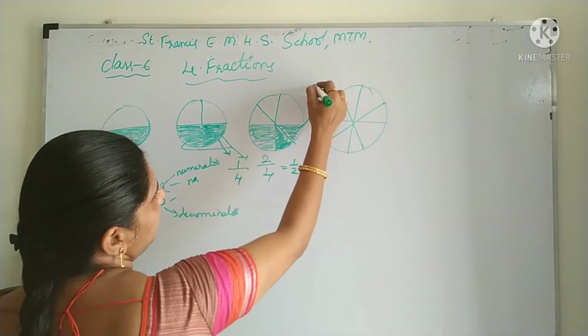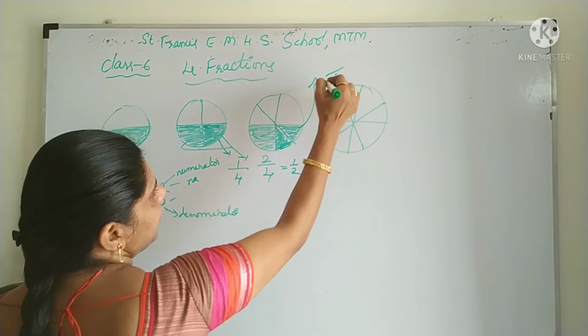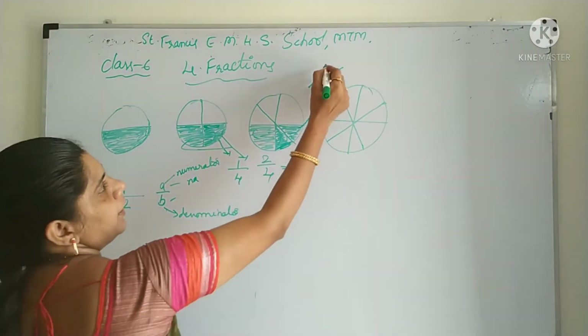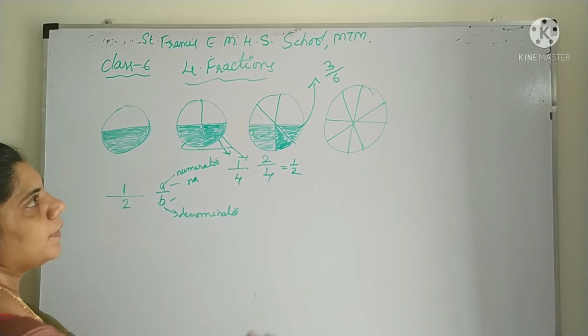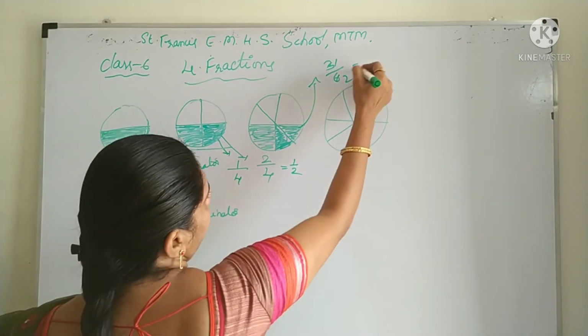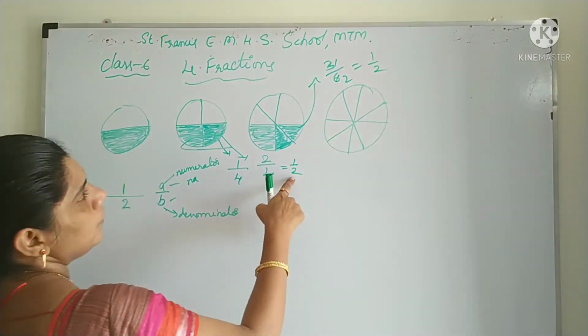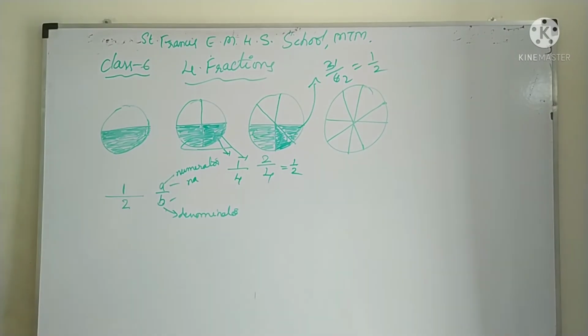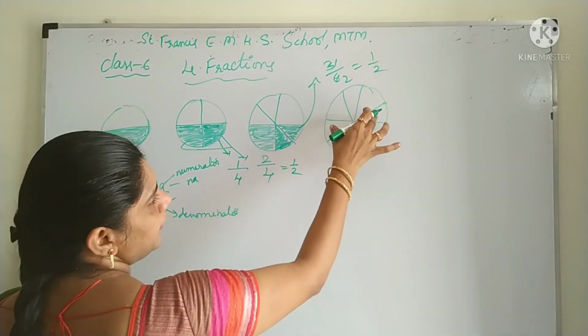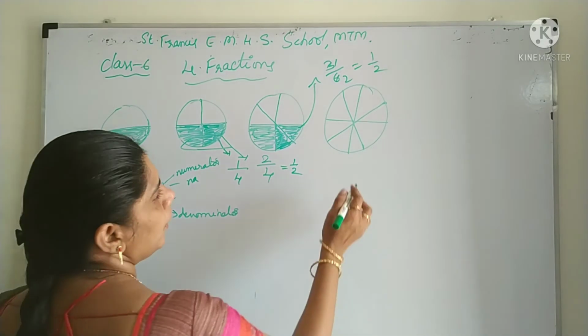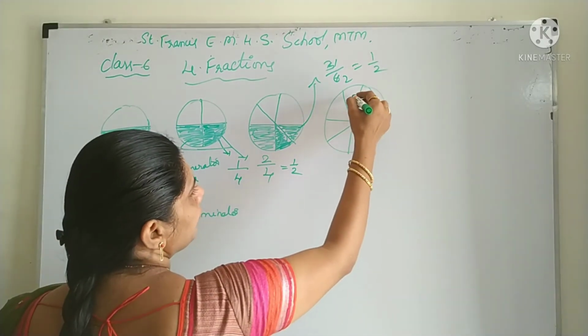Now, how to represent this one? Among the 6 parts, I have shaded 3 parts. So, 3 by 6. We can reduce this one now. We can cancel this with the 3 table. Right? 3 ones, 3 twos. 1 by 2. Again, you got 1 by 2. Okay? Now see, this is a circle. I have divided this circle into 8 parts. Now I want to shade 4 parts here.